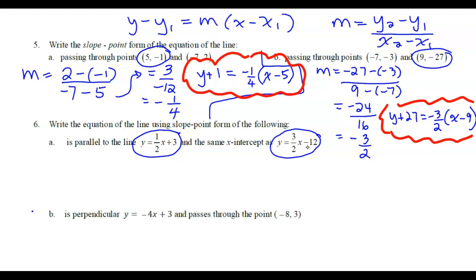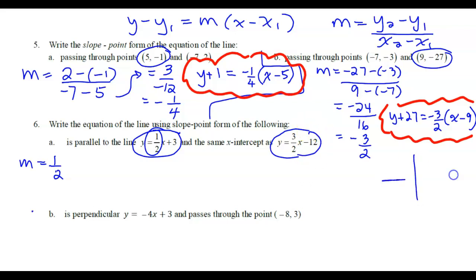What do we know about the slopes of parallel lines? They're the same. It's the easiest one. They're equal. So the slope of the line we want is just 1/2, right? It's whatever that slope is there. But we need the x-intercept of this line. Okay, so x-intercept, so remember the graph.